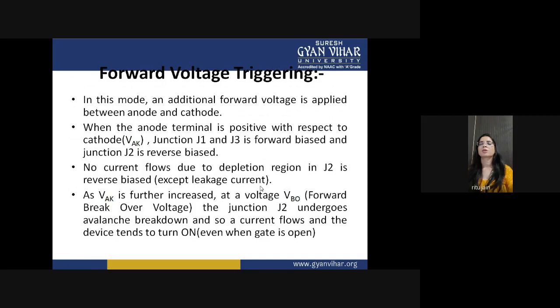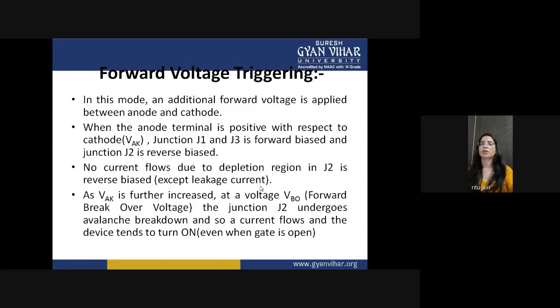As the anode to cathode voltage is further increased to a voltage VB0, this is called your forward breakover voltage. The junction J2 undergoes avalanche breakdown, so a current flows and the device tends to turn on.